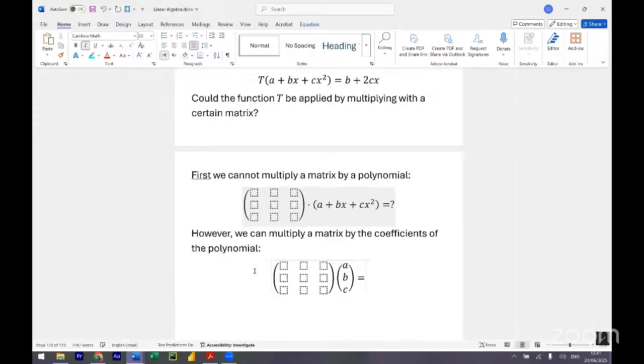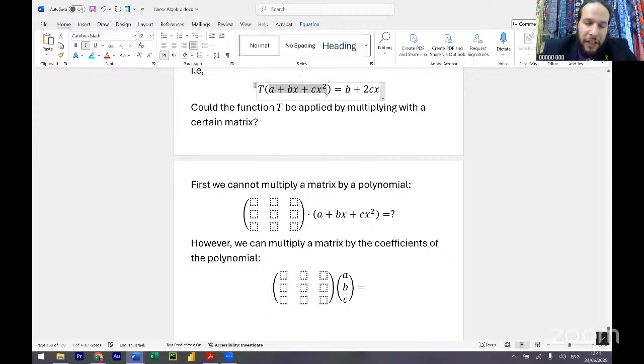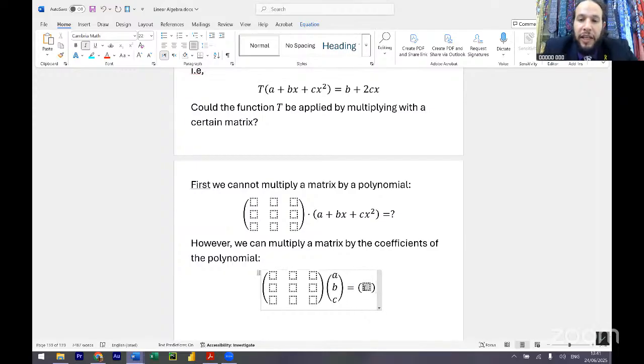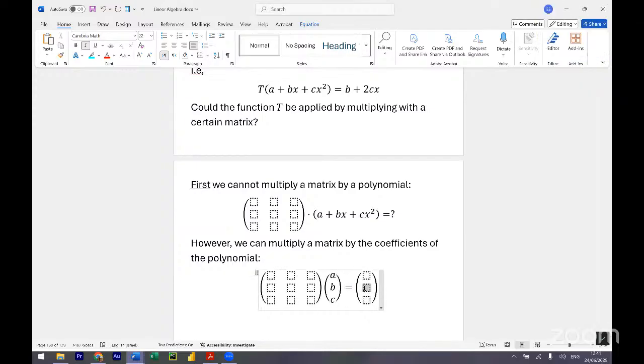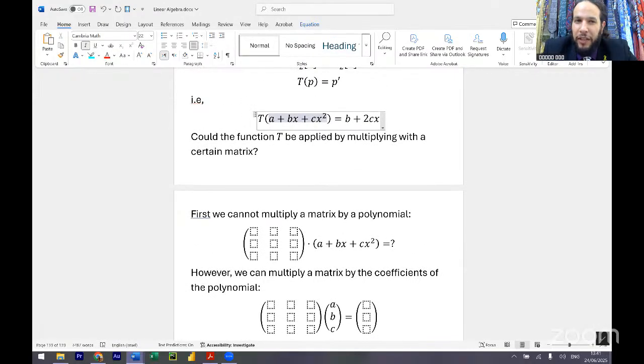And what do we wish to obtain in the image? The vector from the domain was A, B, C. And what are the coefficients of the vector of the image? Also A, B, C? No. It's not the identity function, right?